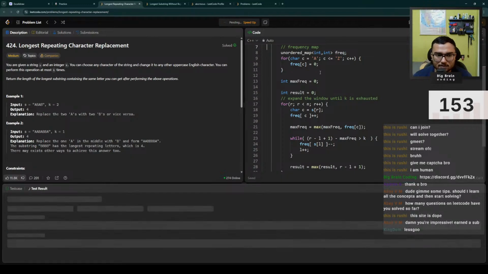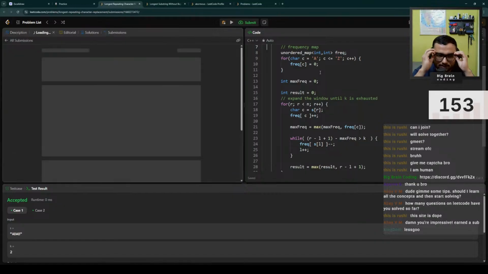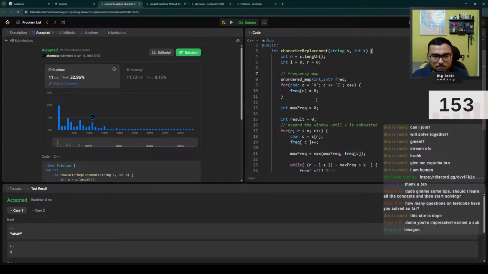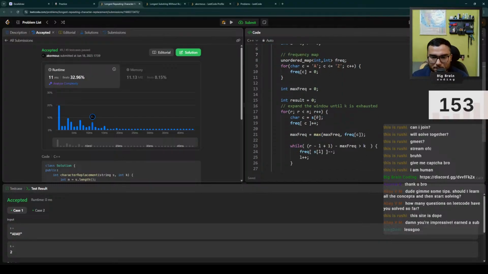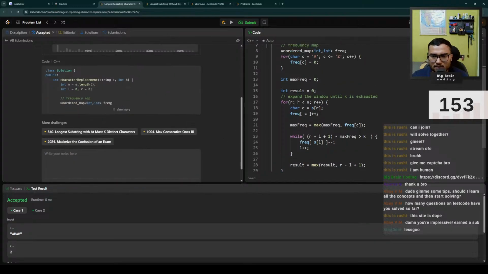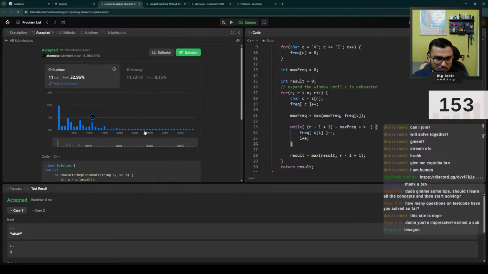Let's see if there is any error. Okay, it works for the sample test cases. Okay, I haven't been writing time complexity, which is bad. So for this, time complexity will be n square, I think, because in the worst case, r and l can have, I mean, I think it'll be 2n or n.